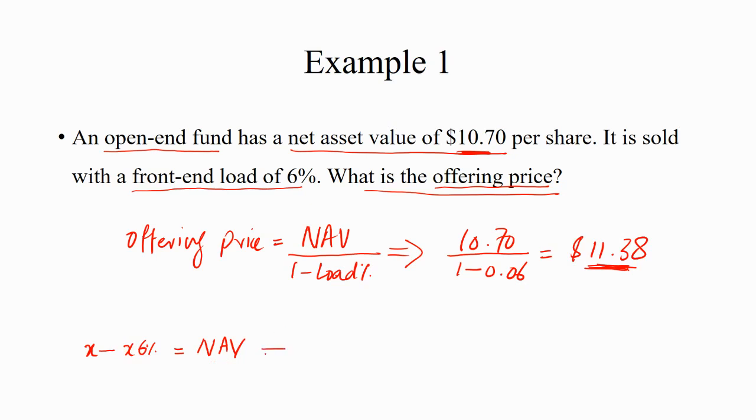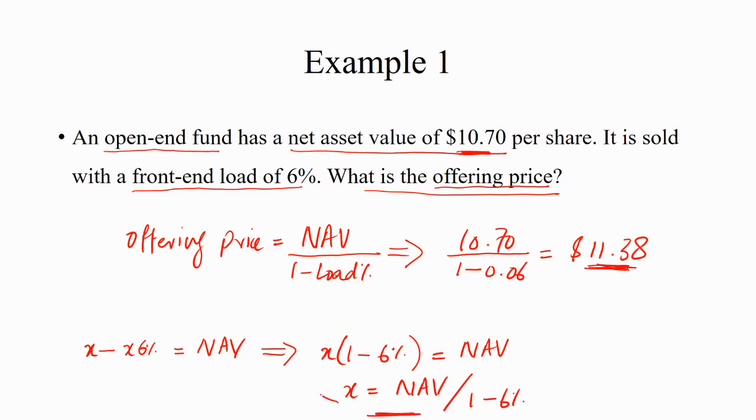Now, rearranging the formula, I can solve it algebraically. Taking X common, I will be left with 1 minus 6% equal to net asset value. After isolating X, I get net asset value divided by 1 minus 6%.